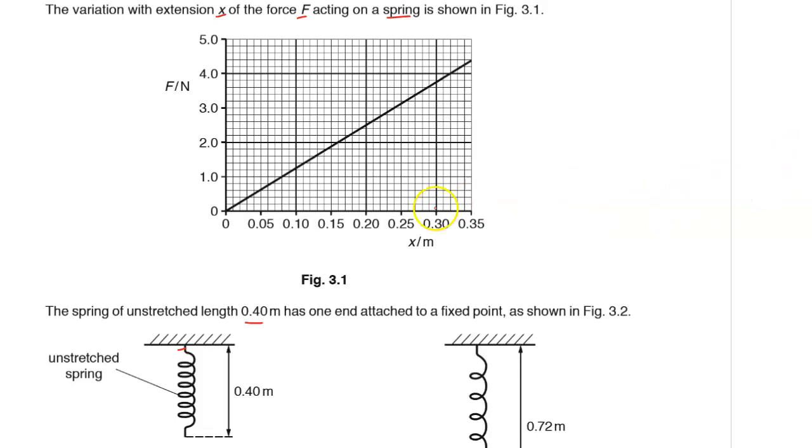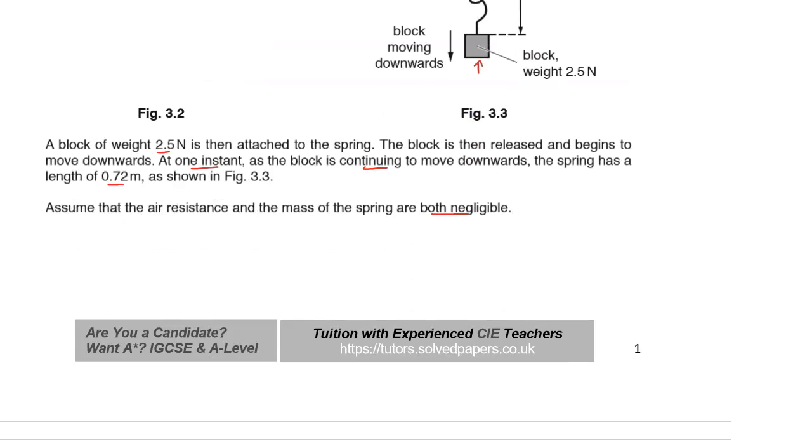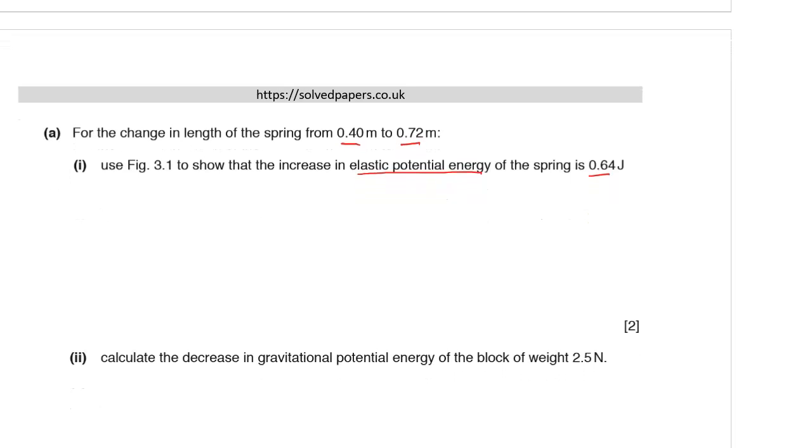This is a force-extension graph. We are supposed to show that the increase in elastic potential energy of the spring is 0.64 joules when the spring is at 0.72.